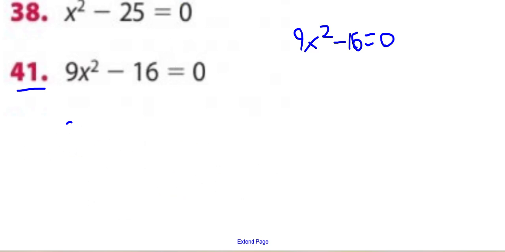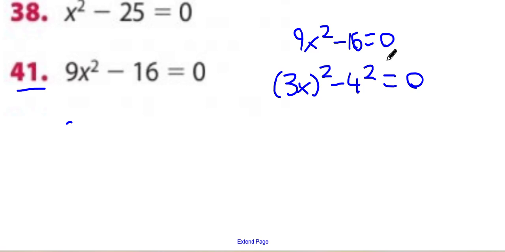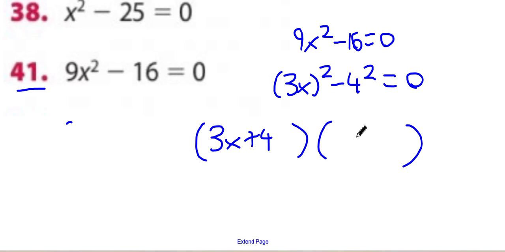Now, I want you to square root 9x squared. What happens when you square root it? 3x, to be squared. That's your alf. Okay? And what do I change 16 into? That's your noon. Do you get me? So what did I say the answer was again? So that's 3x plus 4 and then you got your brackets now, don't you?